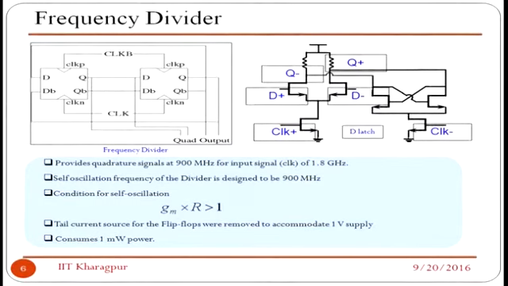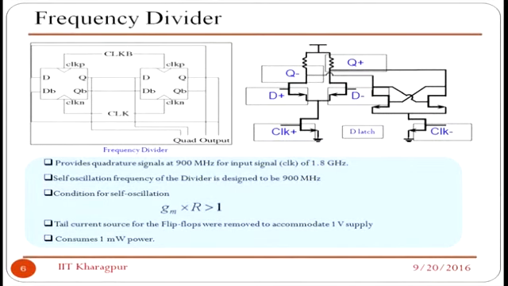and then considering the condition of self oscillations, that is GM into R. You remember, while you are using this divider circuit, the self oscillation frequency of the divider should be much higher compared to the operating frequency. So for example, if the input frequency is 1.8 gigahertz, then the self oscillation frequency of your divider should be at least 10 gigahertz.